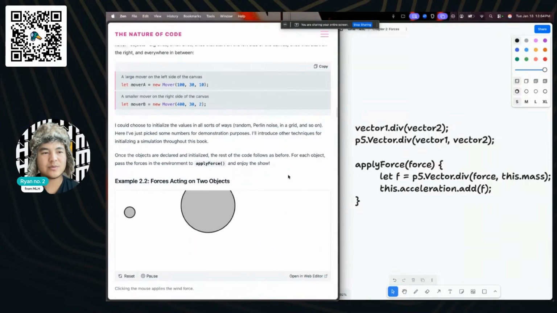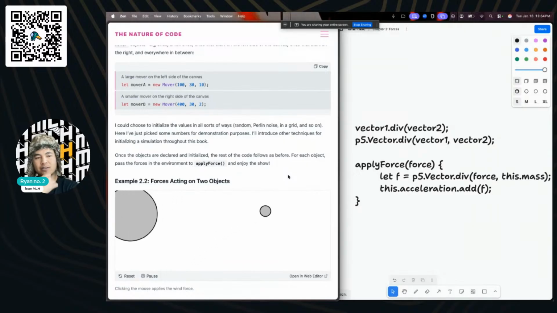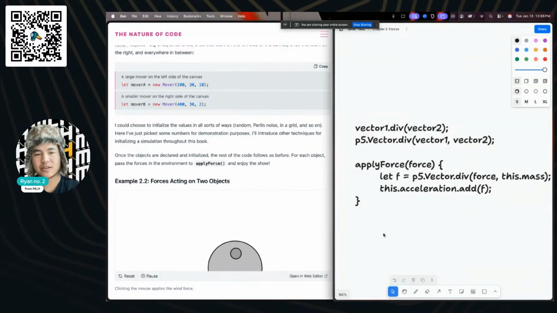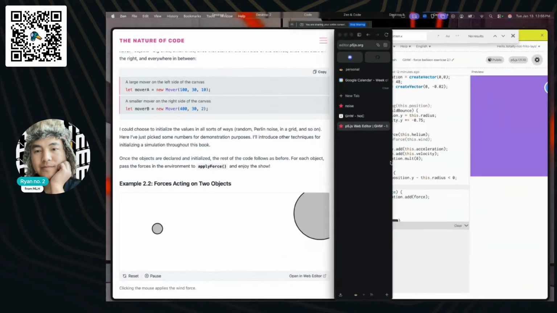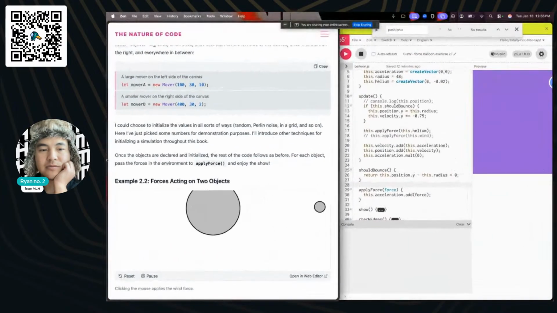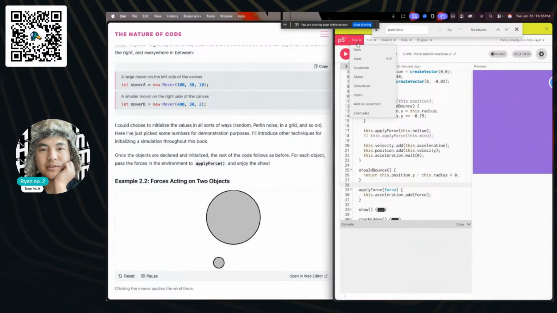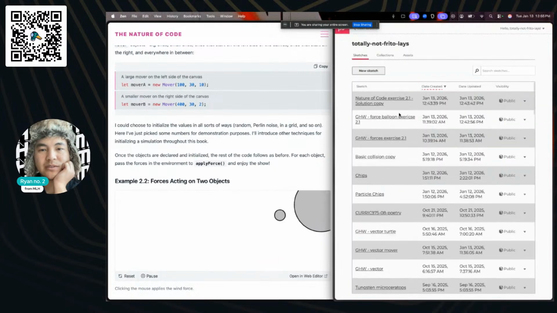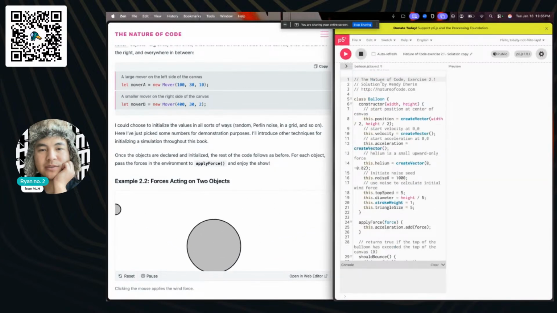Okay, so I guess that is something that we can try doing with the example that we had earlier, where is it? So let's go ahead and try doing that. We're going to take the solution copy that we had earlier, and let's see if we can add mass to this. Well, 5 minutes.